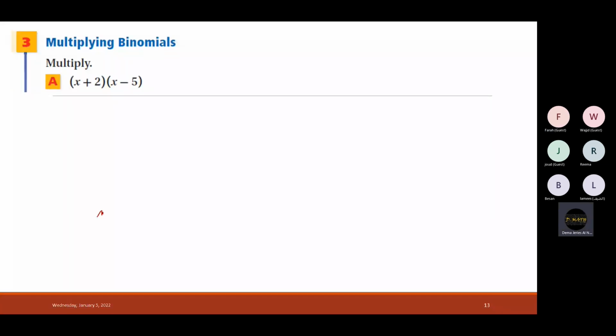Let's solve this example here. I will distribute x and plus 2, we can say positive 2. I will write them here in order to distribute them on the second term. Then I will put here x minus 5 and here x minus 5.